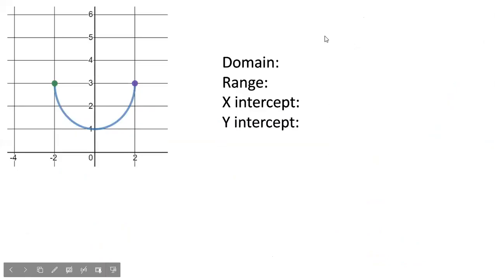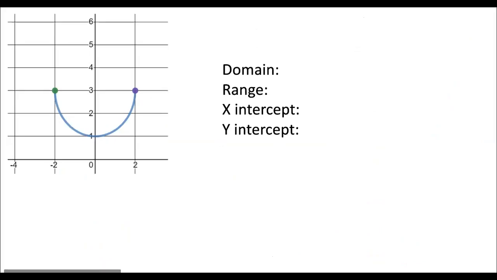In this final example, we have a truncated graph, or a part of a graph that's limited. Again, our domain is our x and our range is our y. So we want to know all of our possible x values. Our possible x values are negative 2 to 2. Because these are filled in circles, we use the square brackets.